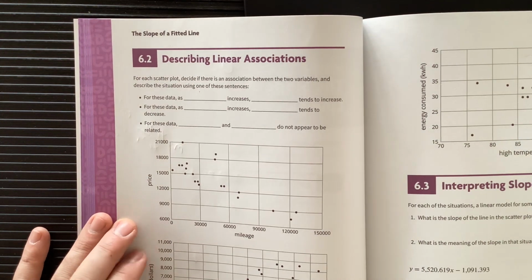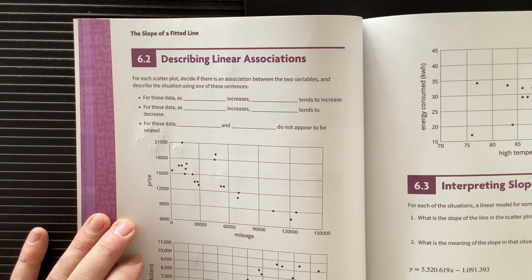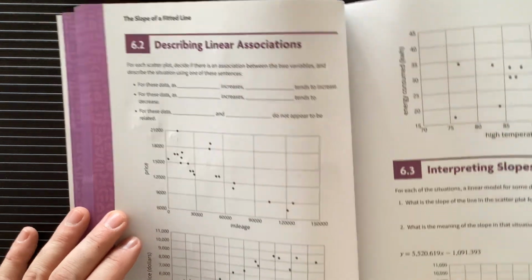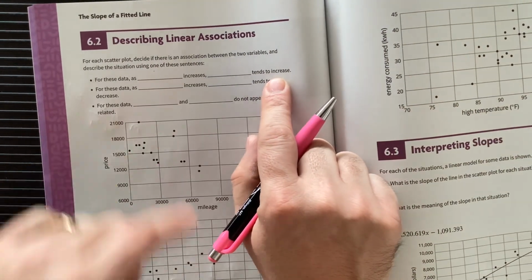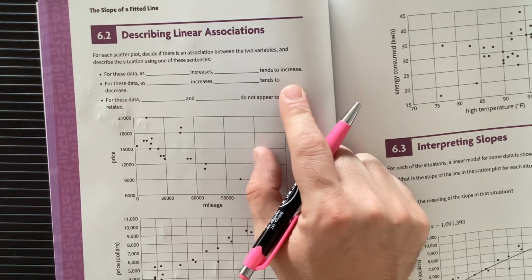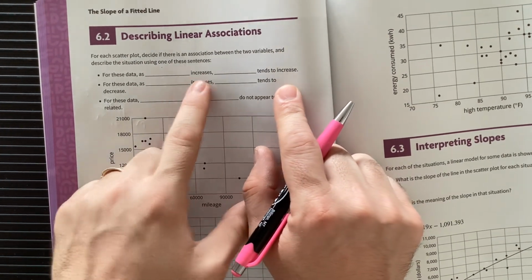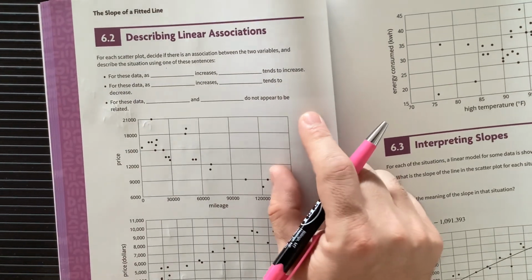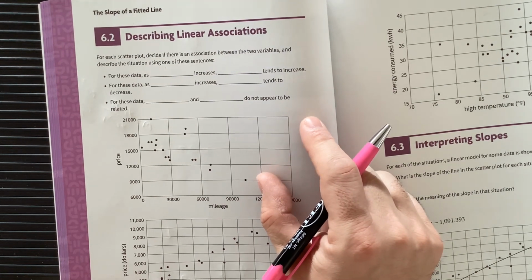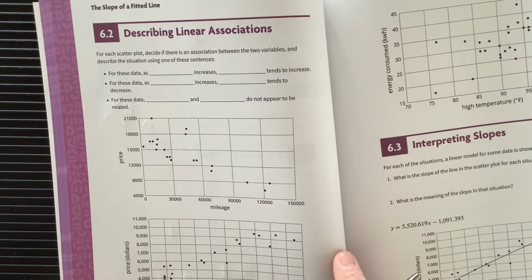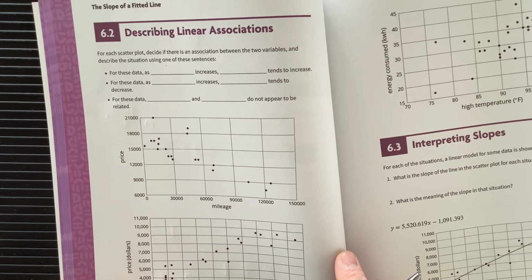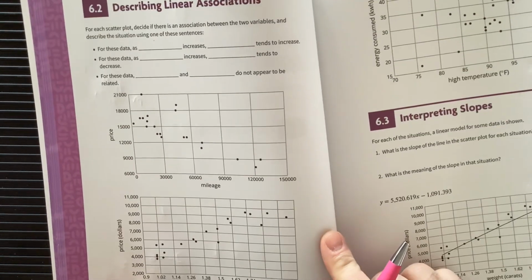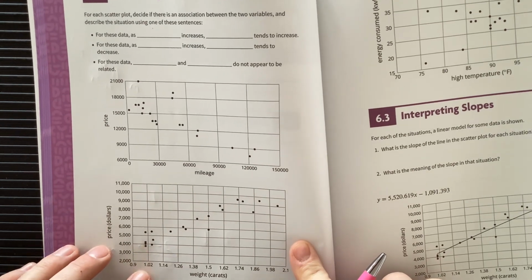So let's look at the one that both increase. Which scatter plot would you classify as 2 things increasing? Second one. Why would you say they're both increasing? Because as the weight goes up, the price goes up. Exactly right.